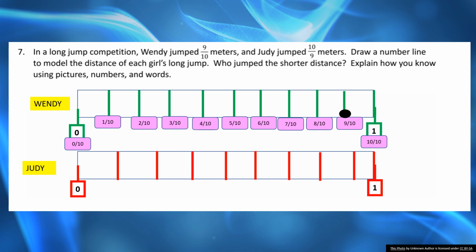All right, now we need to label our number line. So we're starting at 0, which means our first fraction is going to be 0 ninths.